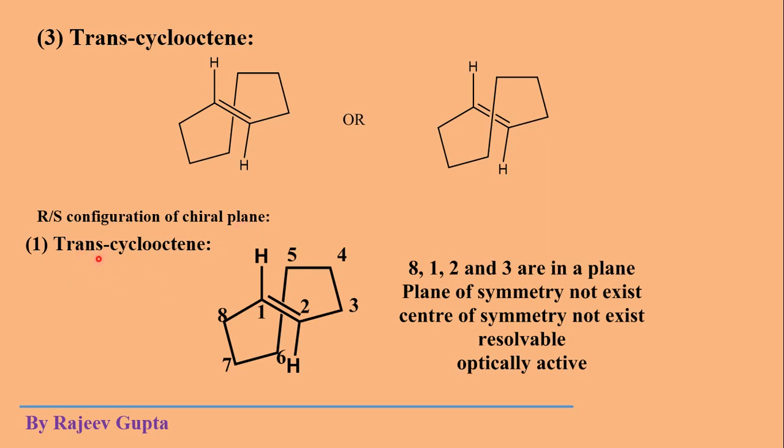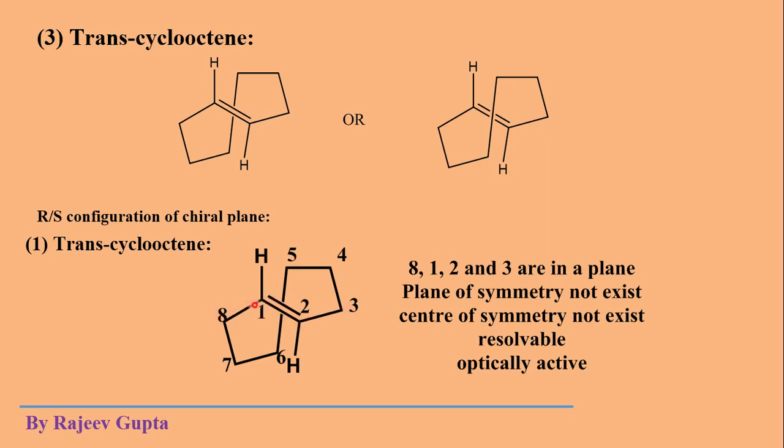First we see the example of trans-cyclooctane. In trans-cyclooctane, we have numbered this structure like this. In this structure, this double bond portion is planar: carbons 8, 1, 2 and 3, these 4 carbon atoms are situated in a single plane.